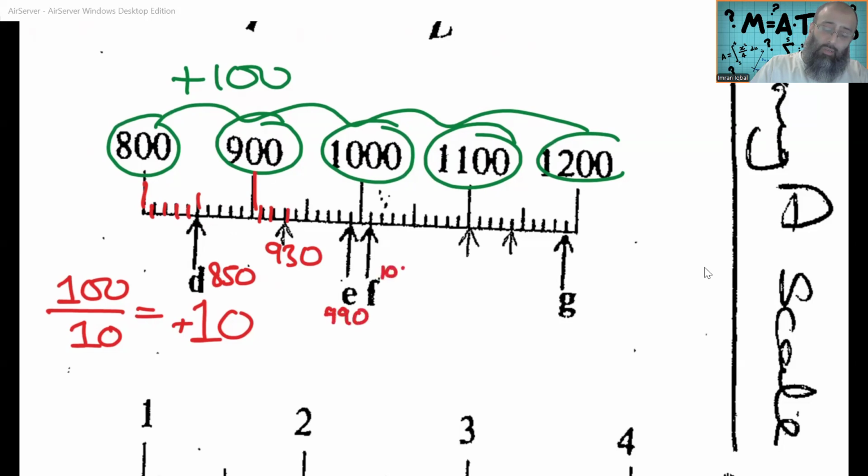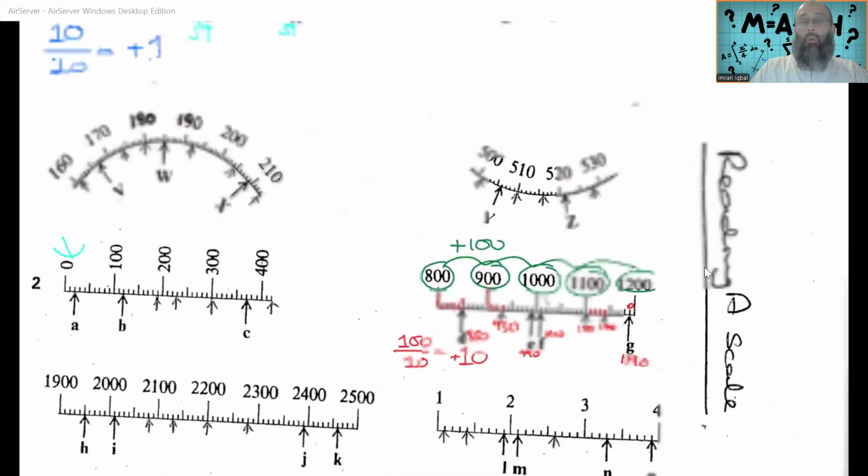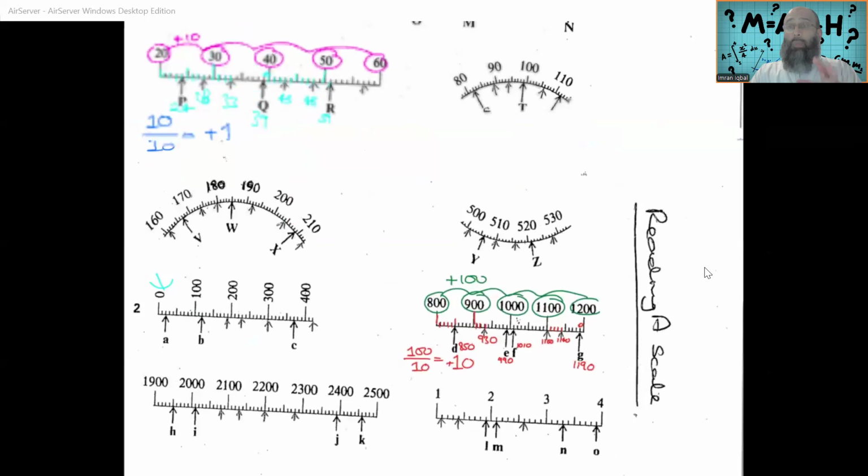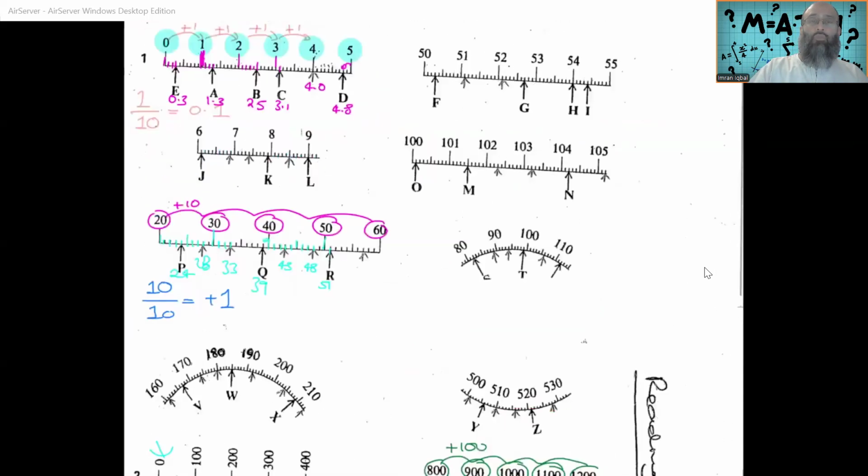That's 10 more than a thousand, 1010. That's 1100 exactly. 1110, 1120, 1130, 1140. And this one is 10 less than 1200, so it'll be 1190.